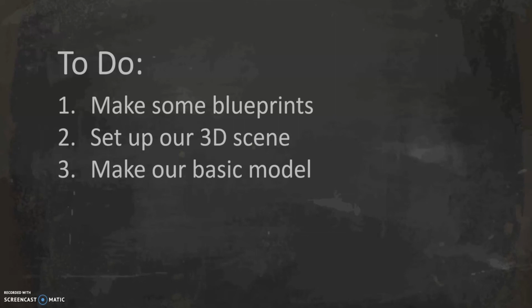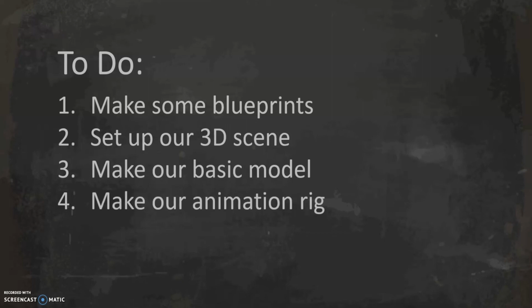I'm going to show you how to do this in 3ds Max, but obviously you can use any software you like, and look for other tutorials and ways of doing it that suit your workflow. Once we've done that, we're going to make an animation rig. The animation rig controls the model, moves it around, and gives us something to keyframe.